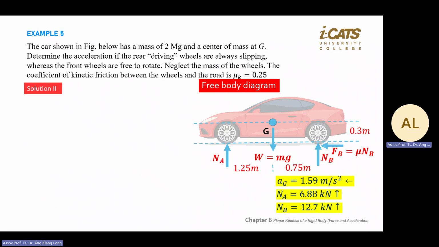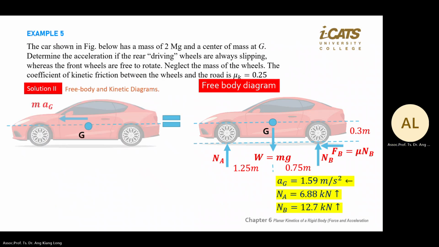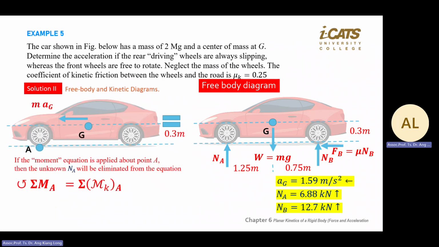Second solution, we are using moment alone, where we use this equation: the sum of all the moments in the free body diagram equals the moments created by your ma forces. This side, ma, is referring to the ma forces that create moment. ma is force multiplied by the perpendicular distance, and it will generate moment.